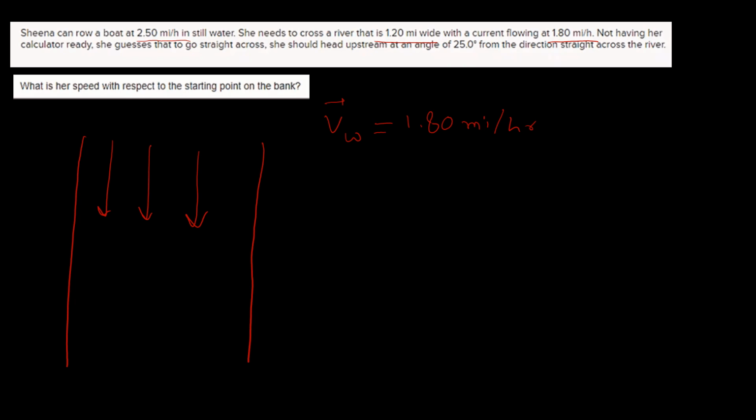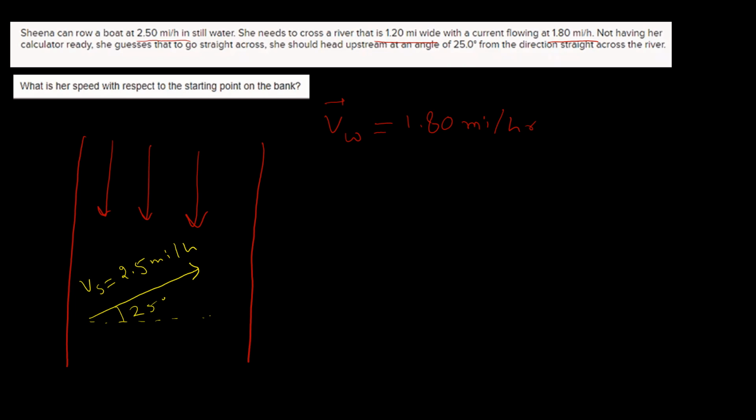So this is the velocity direction, Vs equals 2.5 miles per hour for Sheena, and this is at an angle of 25 degrees.